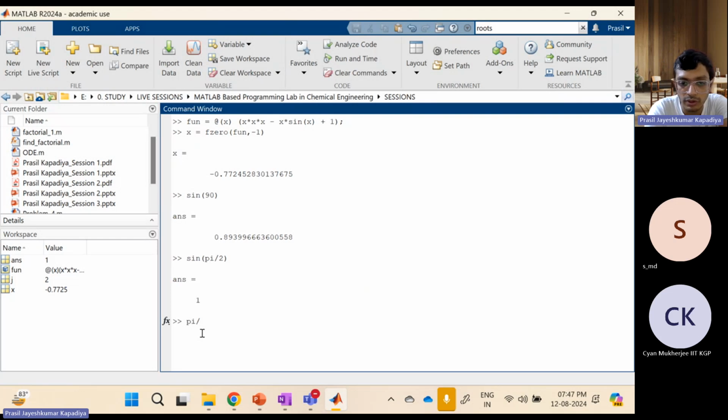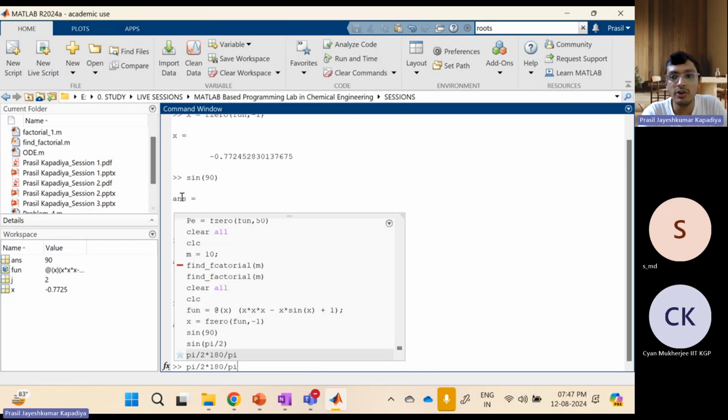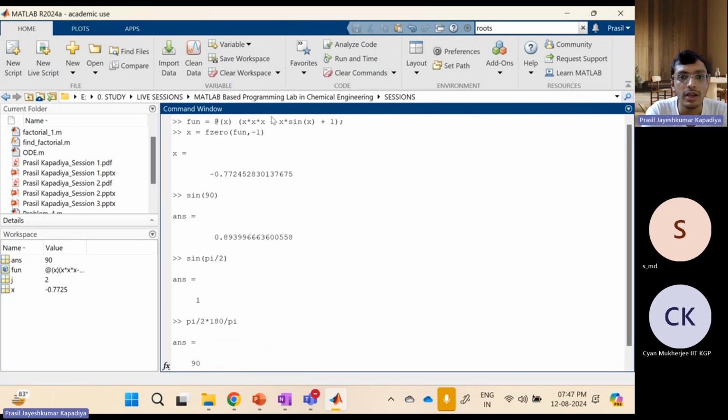You can convert pi by 2 into degrees by multiplying with 180 by pi, so we are getting 90. So the answer that you are getting is in radians. Okay. So at this number, 0.89399, we are getting the zero of this particular equation, x cube minus x into sine x plus 1.